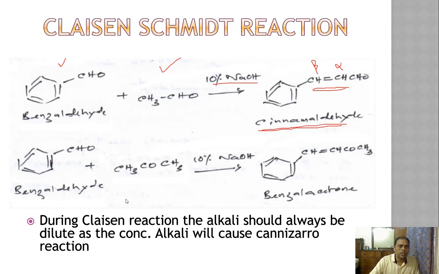The same benzaldehyde, if you react it with an aliphatic ketone in the presence of 10% sodium hydroxide, you're going to get an alpha beta unsaturated ketonic product, that is benzylacetone.